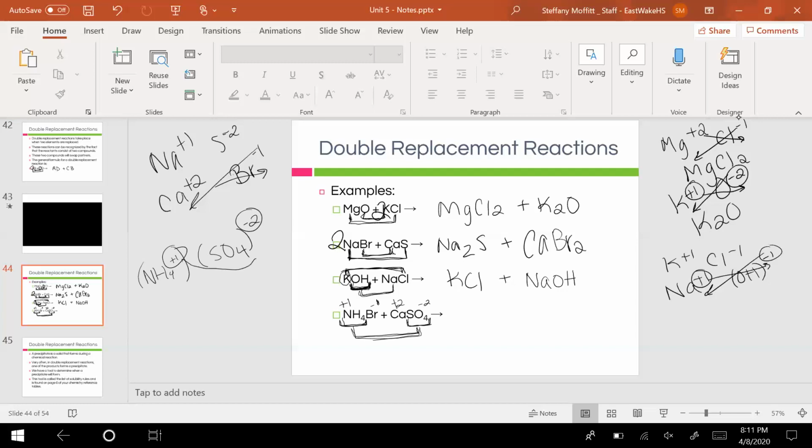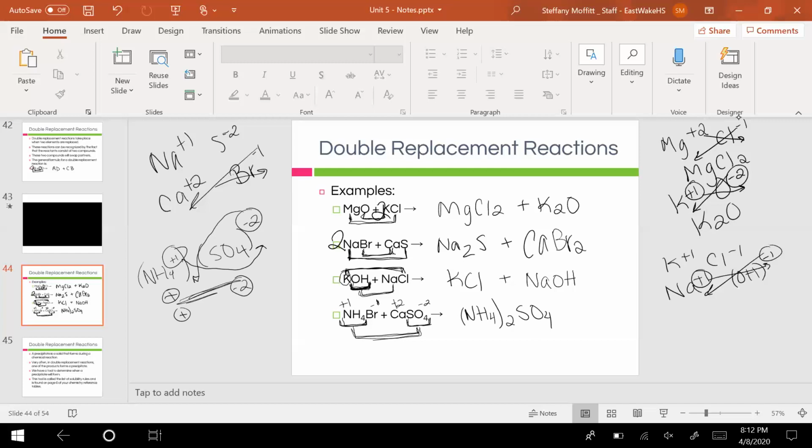Now that +1 is going to go all the way to the outside, and this -2 ends up on the outside of the parentheses for NH4, and it's going to look like this. (NH4)2SO4. So I have two NH4s because each one is going to have a plus charge, and then I have one SO4 because that one has a -2 charge in order to balance out those charges.